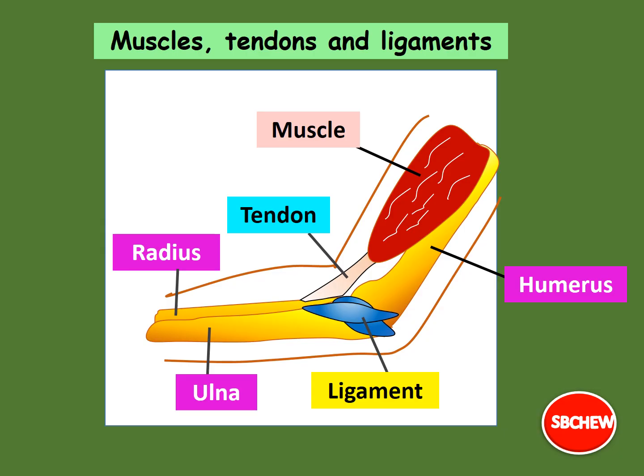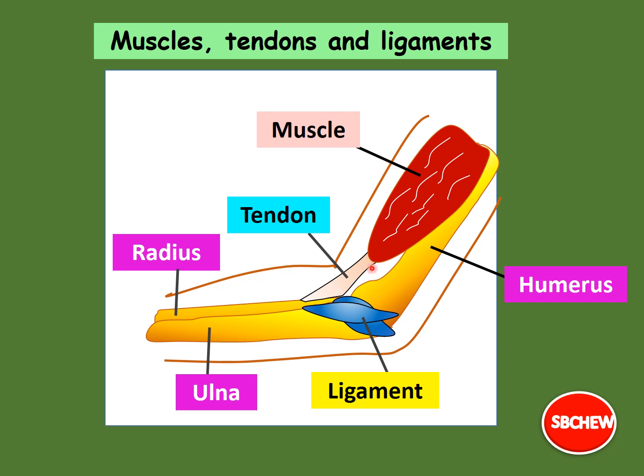Now let's discuss some of the tissues that are seen in the structure of the arm, and that is the tendon and the ligaments. Tendons, what are the characteristics? They are tough or strong and inelastic. They are a type of connective tissue.